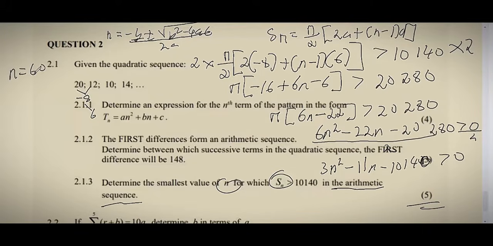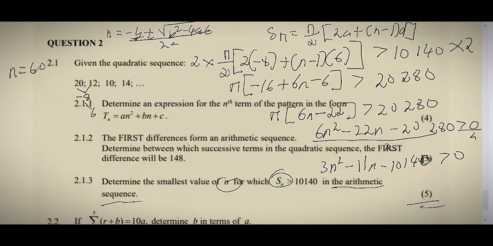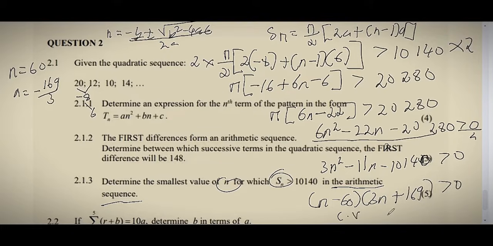And then I'm getting the other value as n is equals to negative 169 over 3. To write them as if I factorized, this is what I will do. This would be bracket n minus 60, and then in bracket 3n plus 169 greater than 0. Then my critical values are negative 169 over 3, and then 60 as well.